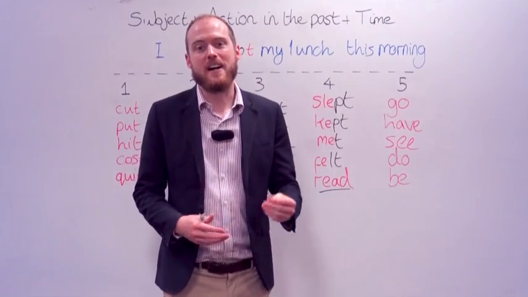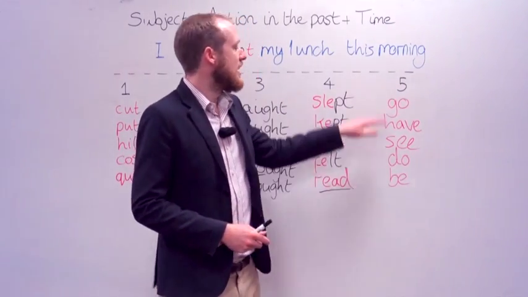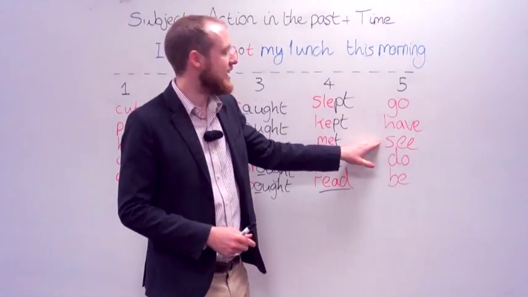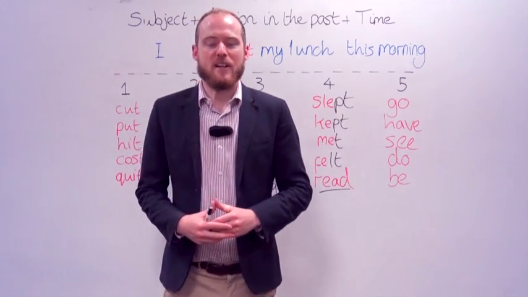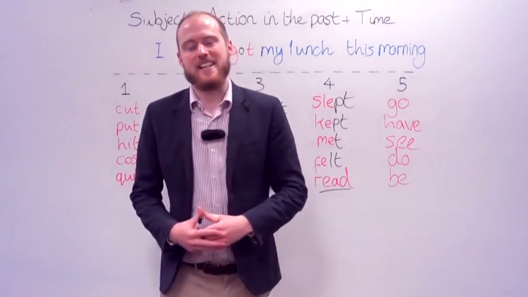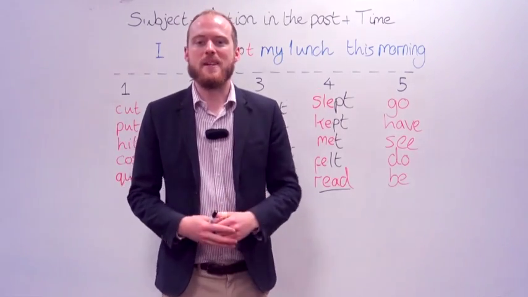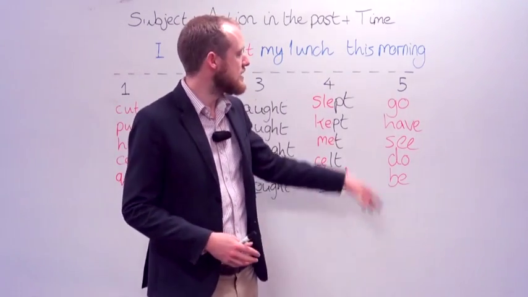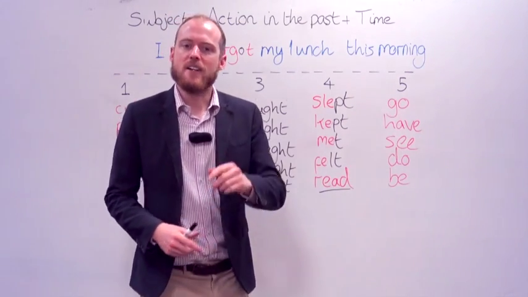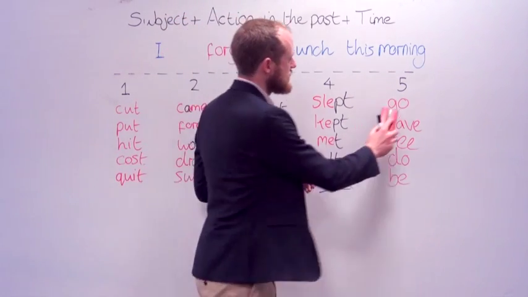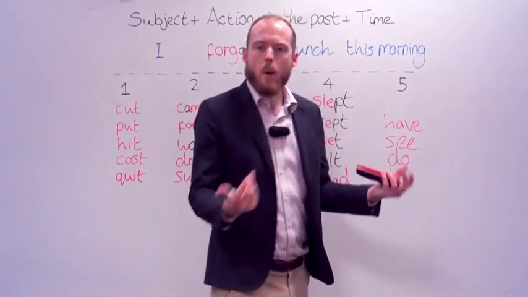Now, let's look at the final group. We have go, have, see, do, and be. These words are the irregular verbs. What I mean by this is that in the past, they are completely different. So, go in the past becomes went.